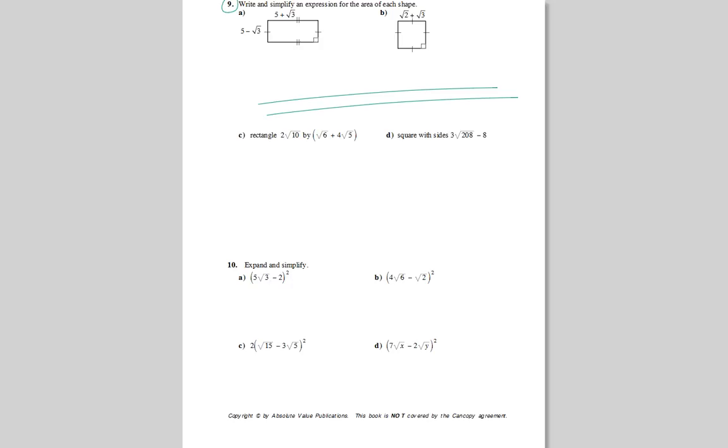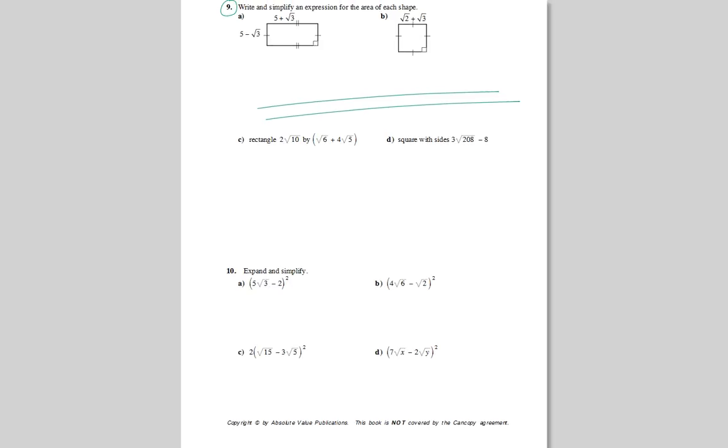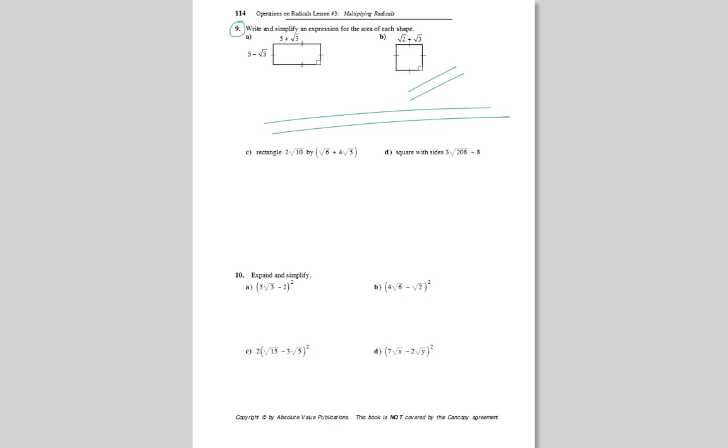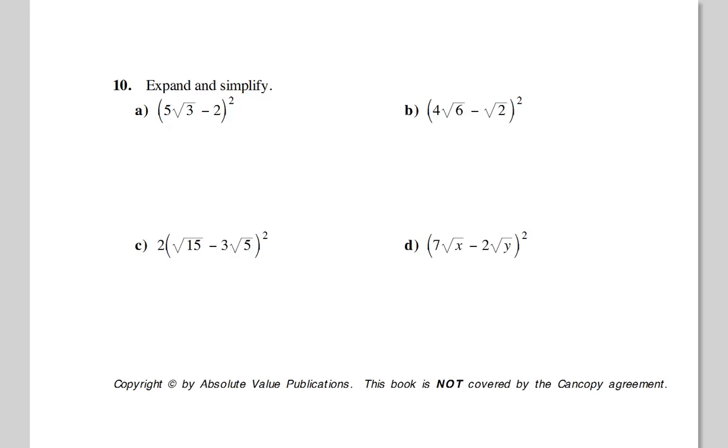Okay, and for 10, 10 is going to be just like 9b. Remember 9b, you have to do the squares and FOIL out a square. So for 10, they all look pretty decent, except for C has a 2 on the outside. I'll just give you a hint.